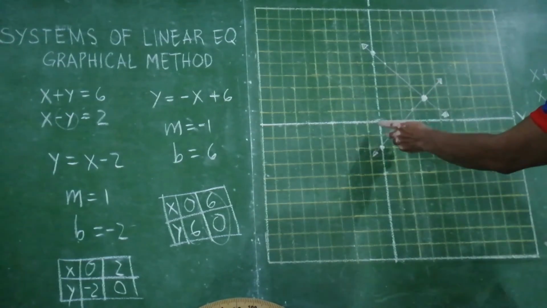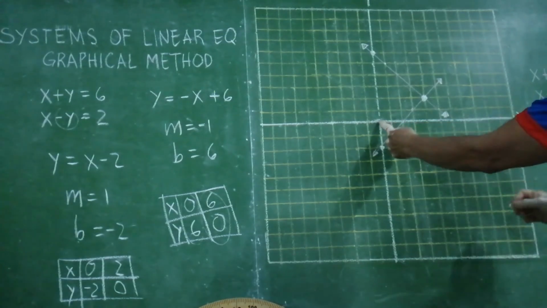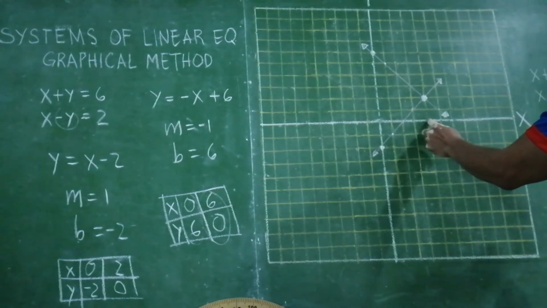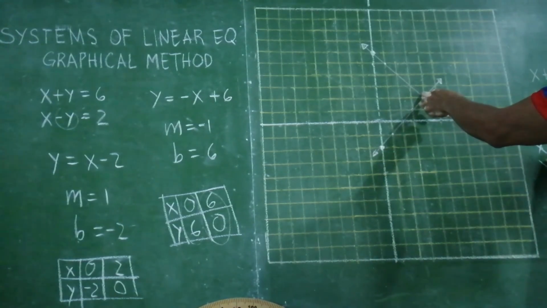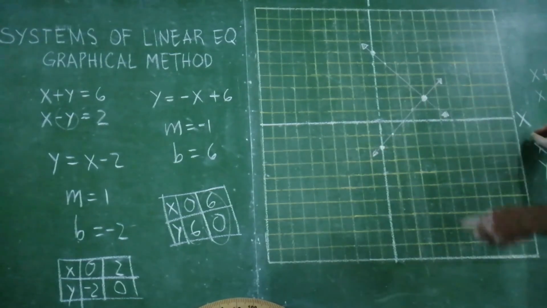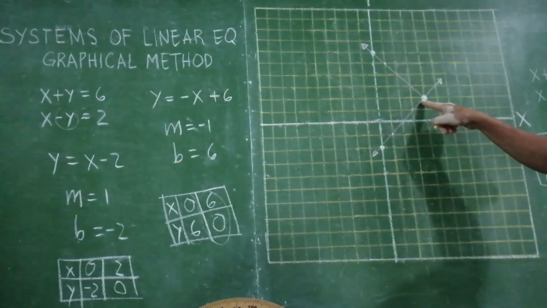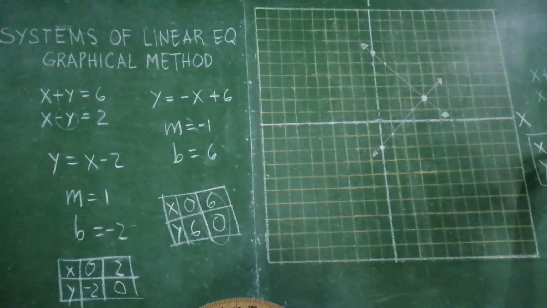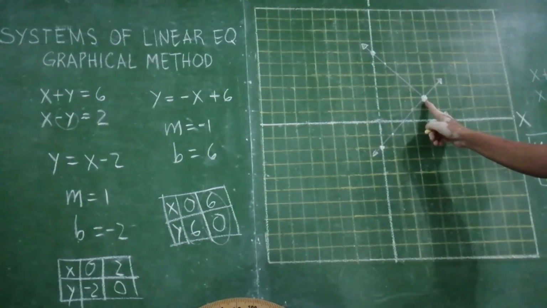You find the coordinates. So for x, 1, 2, 3, 4. And y, 1, 2. So these are the solutions. So the solution is 4 for x and y is 2.